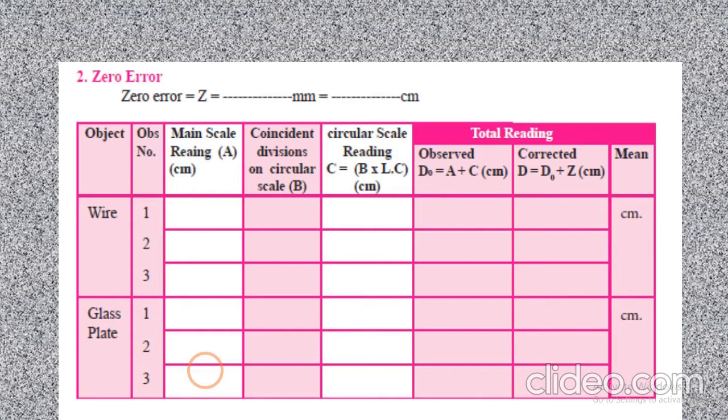Then we combine both values and find out total reading, that is main scale plus circular scale into least count. Then add or subtract zero error from that reading and find out corrected reading. Then take a mean of these readings and find out the final value as the mean value.